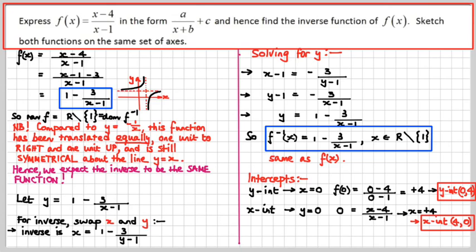Yes, thank you. And of course you would expect that for the inverse to be the same as the original function. 4's all round here, because basically when you create the inverse, it just flip-flops, swapping x and y. So 4 and 0 would swap to 0 and 4. Yes, that's the thing. I know, it's fascinating.